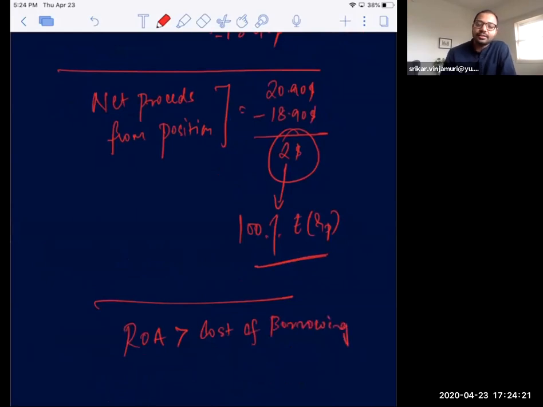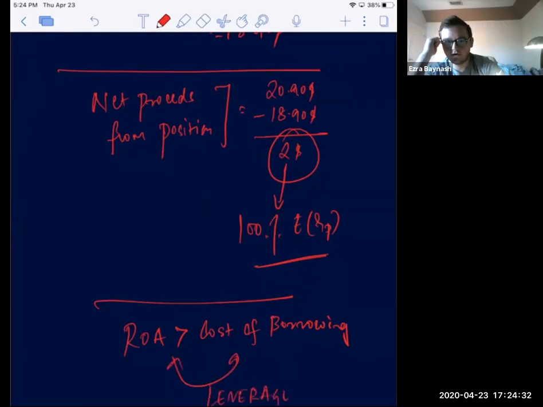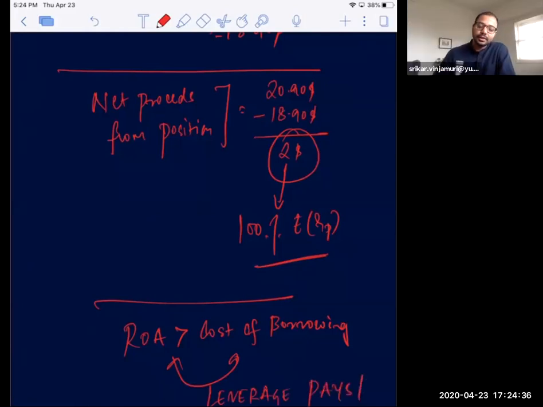As long as the return on assets that you purchase with the borrowed money exceeds the cost of borrowing, leverage is always going to pay. So as long as your long position has a greater return than your short position, you'll be fine. As long as the expected return on the long position is greater, and the bigger that margin is, the better it is.